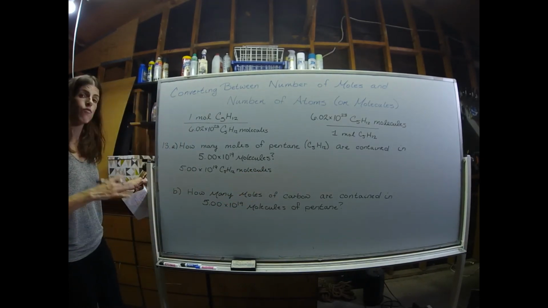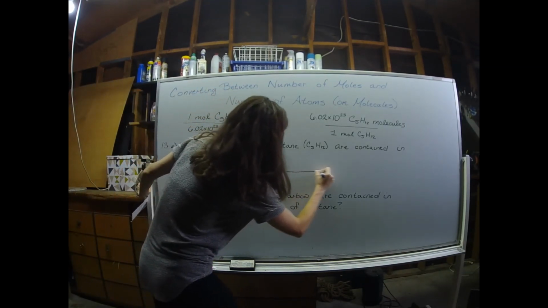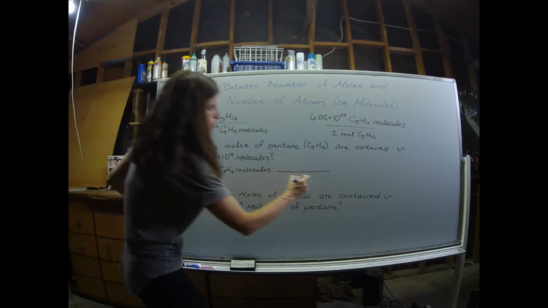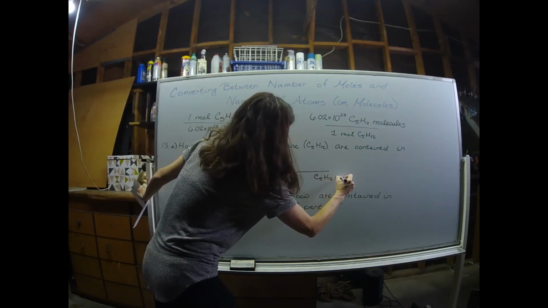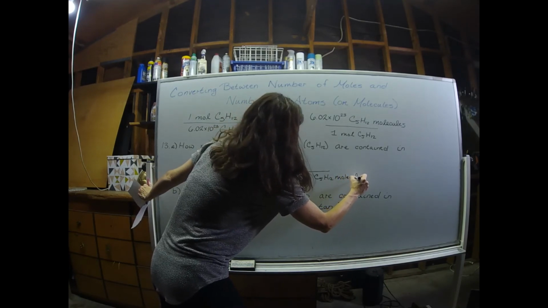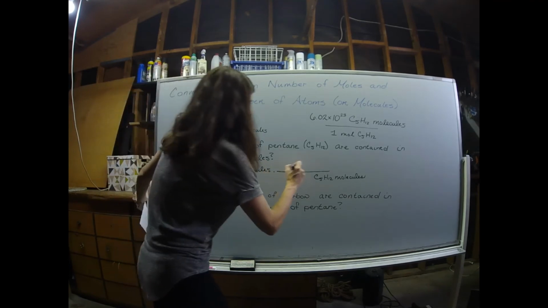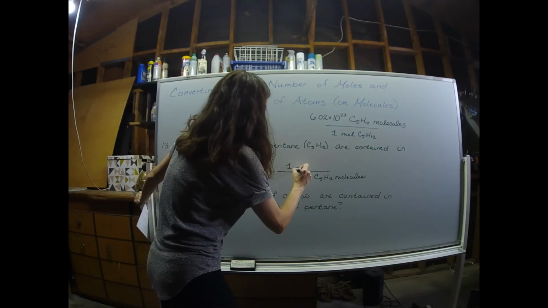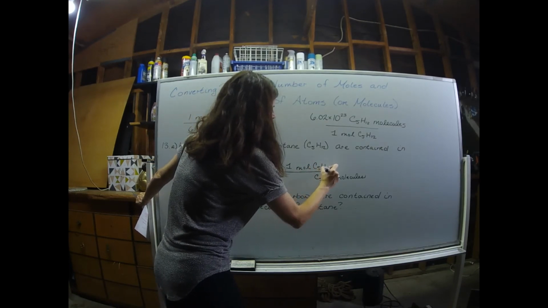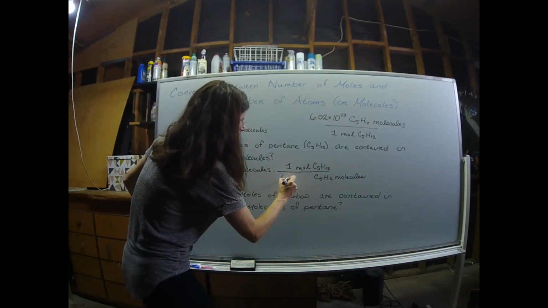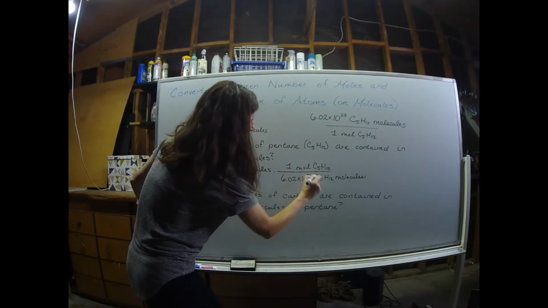And I need to get rid of the molecules, so that'll go in the denominator of my conversion factor. So I'll do C5H12 molecules. And then we can go from molecules to moles. So on top, I'll do 1 mole of pentane, C5H12, and then has Avogadro's number of molecules.